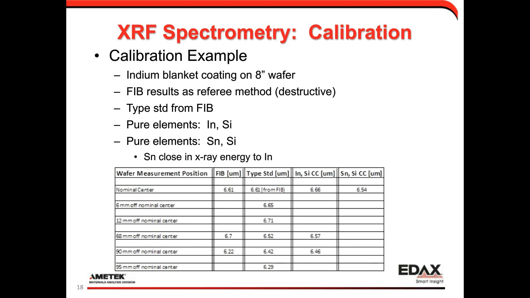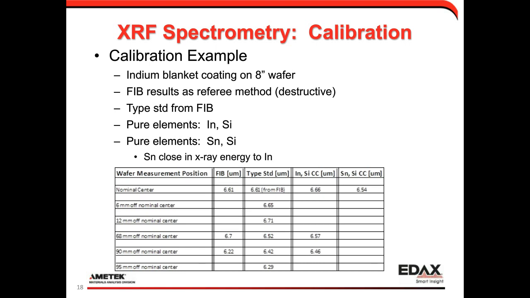So I wanted to try some different calibration methodologies. We created type standards by taking the wafer and using a focused ion beam microscope to mill away a certain section of the coating and look at how thick the coating is in that particular area. We look in the center, we look out at the edges where we might expect to see gradients in the coating thickness.